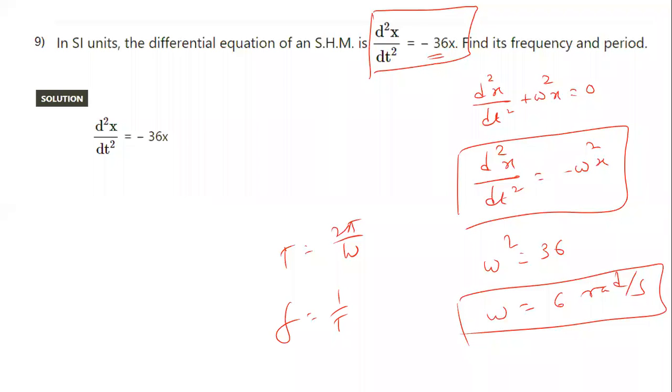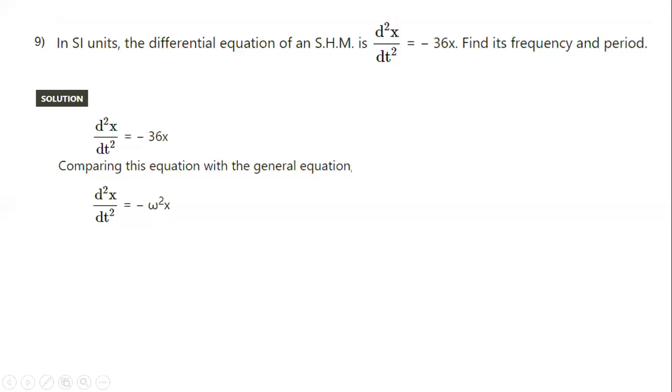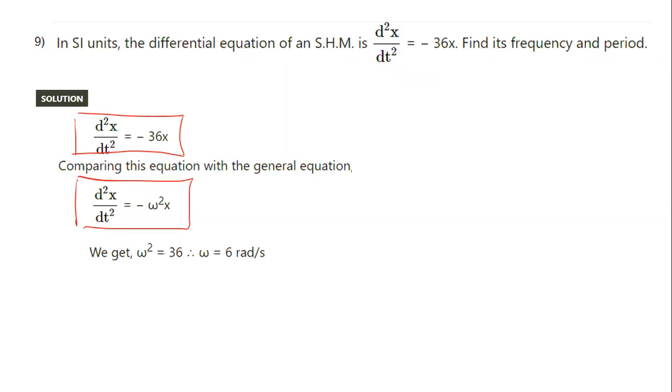Two calculations you have to do. So this equation is the given equation and this is the standard form. We compare both the equations. After comparison, we get omega square is 36. It means that omega is 6 radian per second.